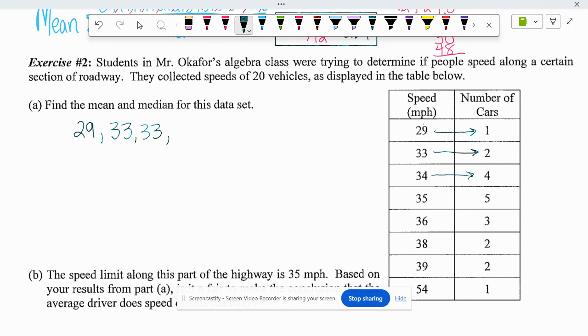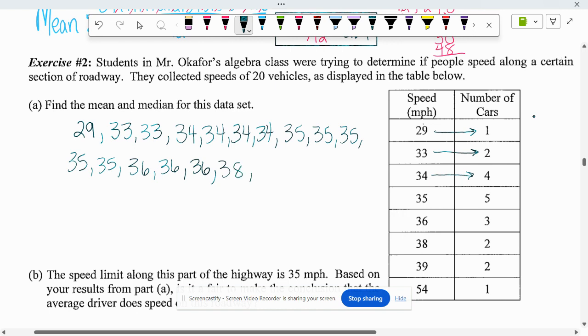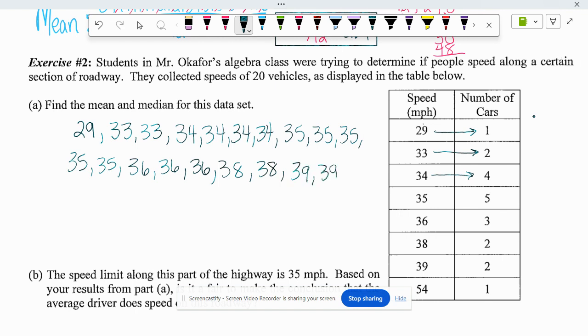Carla, whatever that is you're doing, put it away now. 34 appears 4 times. 35 is 5 times. 36 is 3 times. 38 is 2 times. 39 is 2 times. And 54 is 1 time.